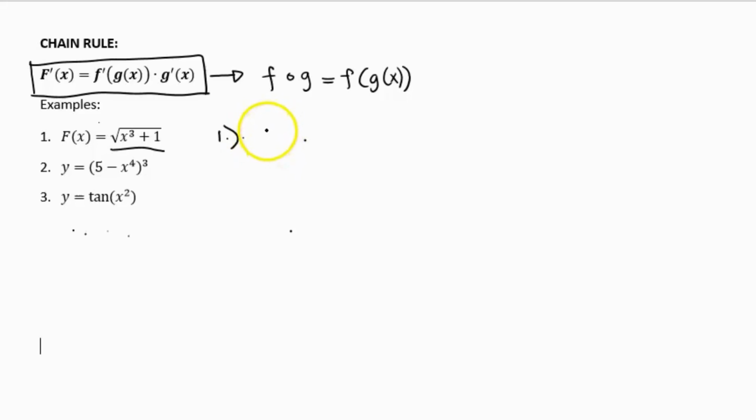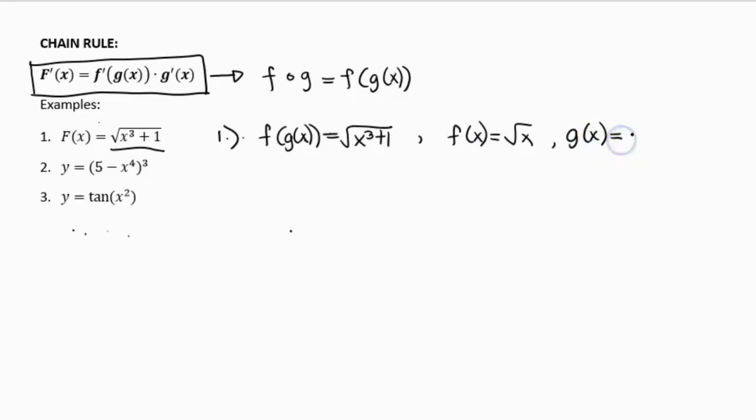Take note that this function can be considered as a composite function, f of g of x, equal to the square root of x cubed plus 1, where our f of x is equal to the square root of x, while our g of x is equal to x cubed plus 1.